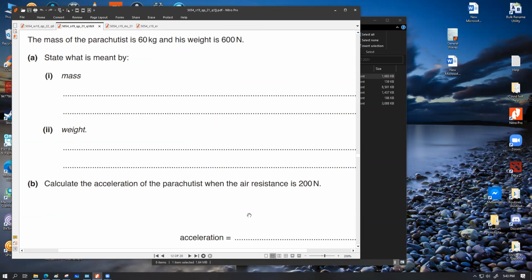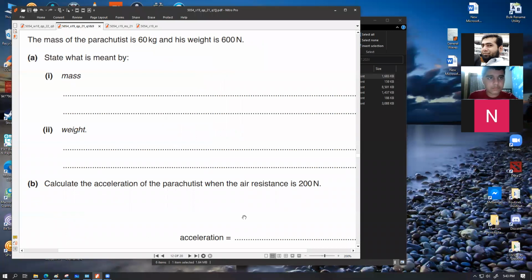In this case, the resultant force will come from what? From the vector sum of the two forces involved. One is the weight, the other is the air resistance. Okay, sir, thank you.